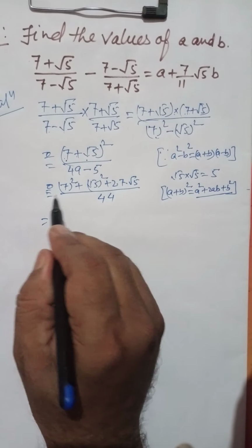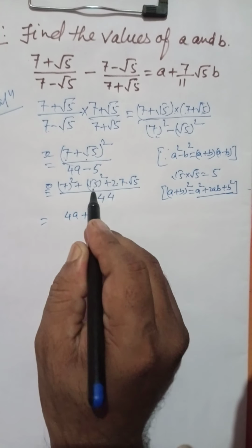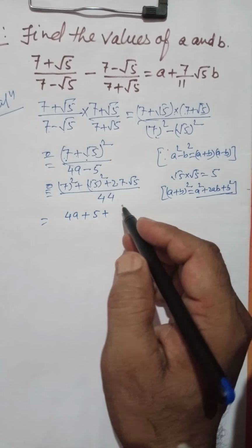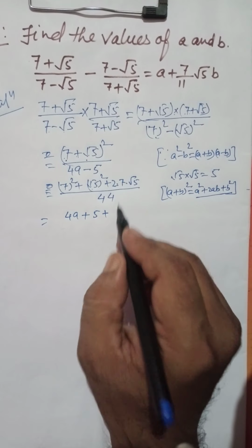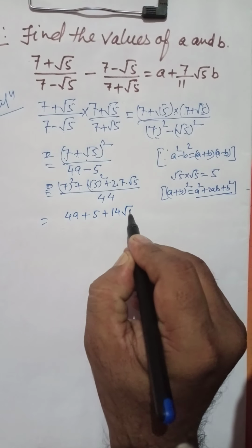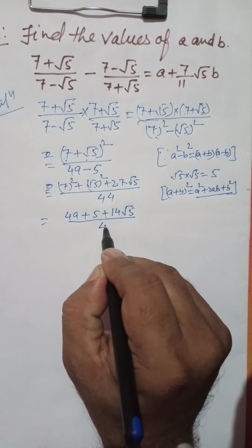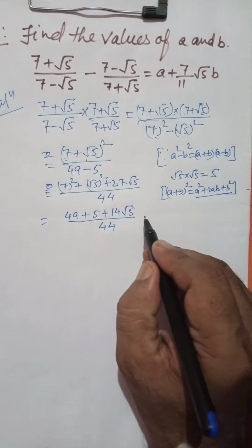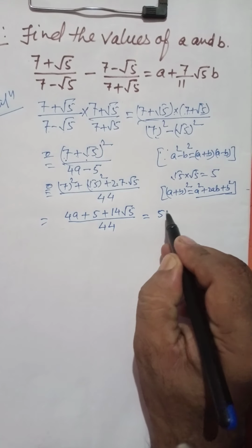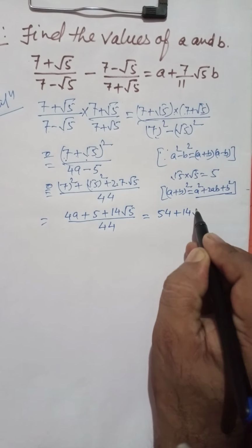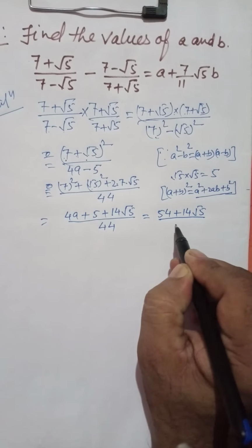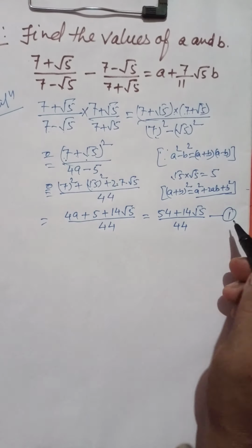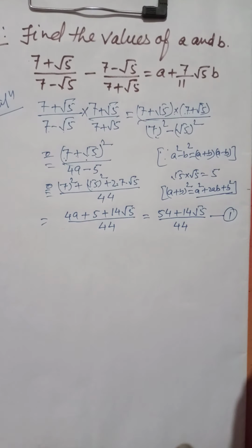Now 7 square is 49 and root 5 multiplied by root 5, we will get 5 plus 2 into 7, that is 14 root 5 upon 44. Now adding 49 plus 5, we will get 54 plus 14 root 5 upon 44. Now this we can assume equation 1.